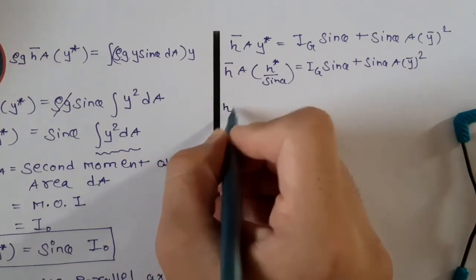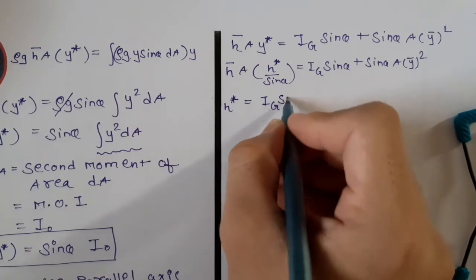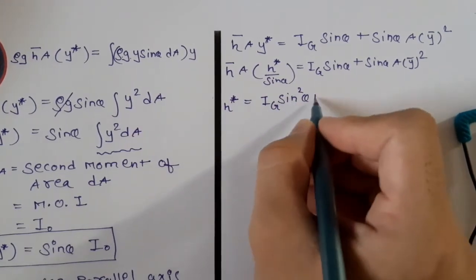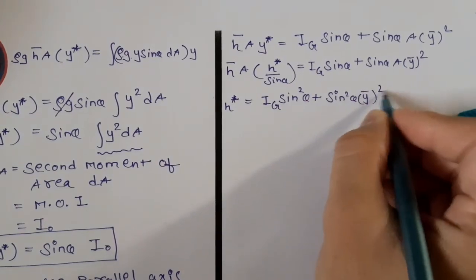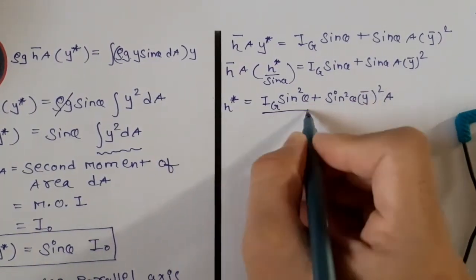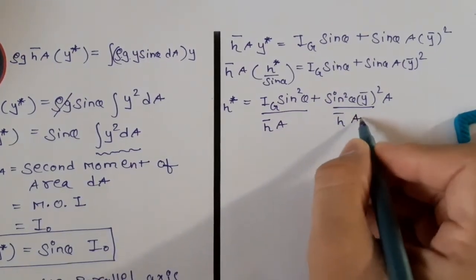We want to find h star, so taking it from one side we get IG, and this sine theta goes up, so IG into sine squared theta plus sine squared theta into y bar squared into A, divided by h bar into A.